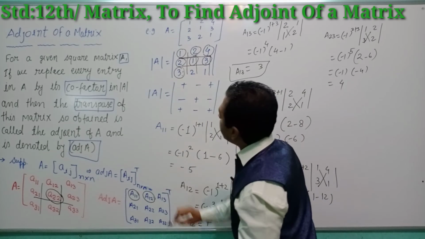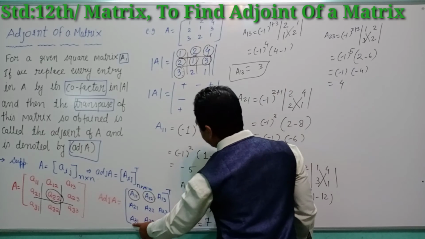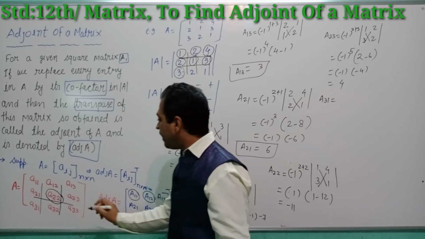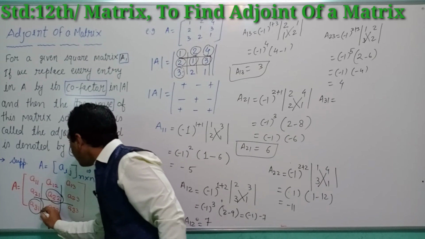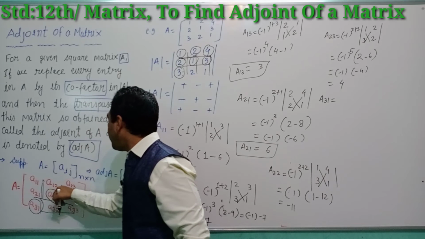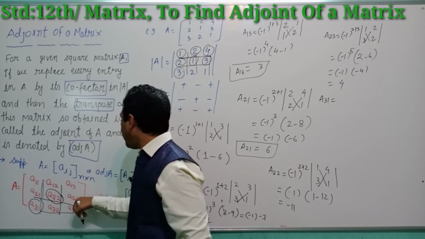Now the cofactor of A31. You want to find out the cofactor of A31, discarding these elements and these elements. So A12, A22, A13, A23.